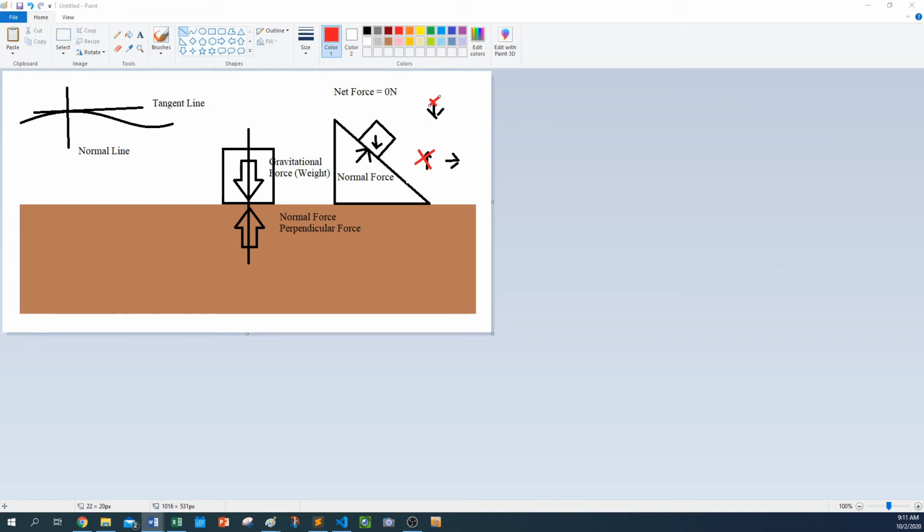You can assume in all the problems that the forces are perpendicular. So know how to apply F equals ma. Know how to apply torque.